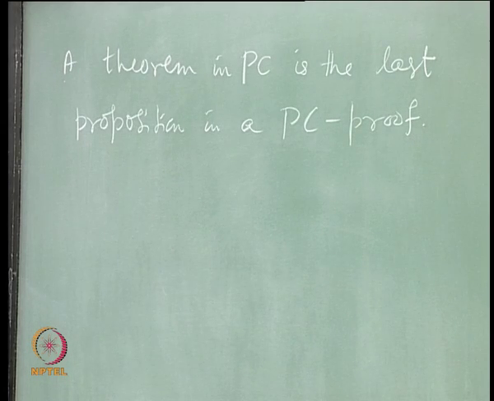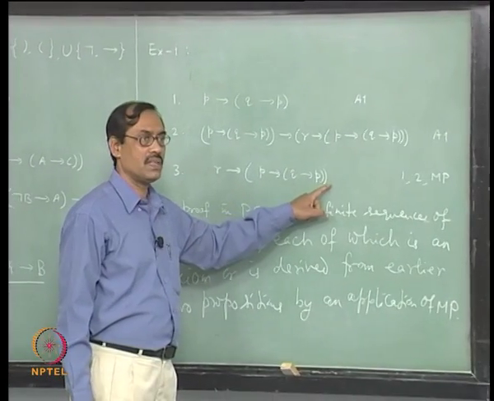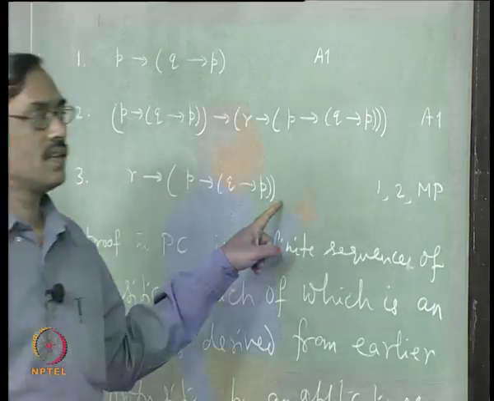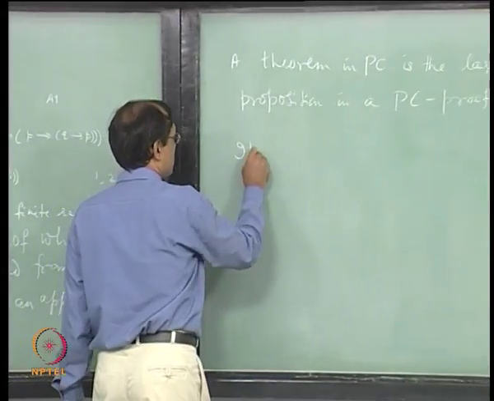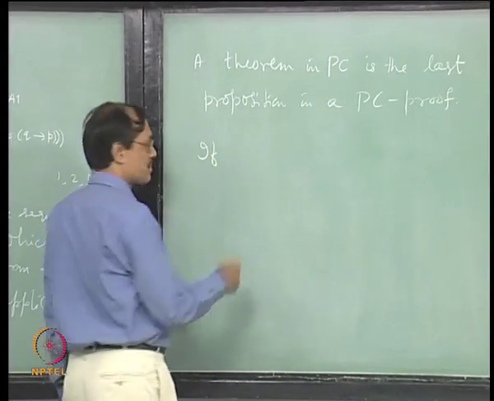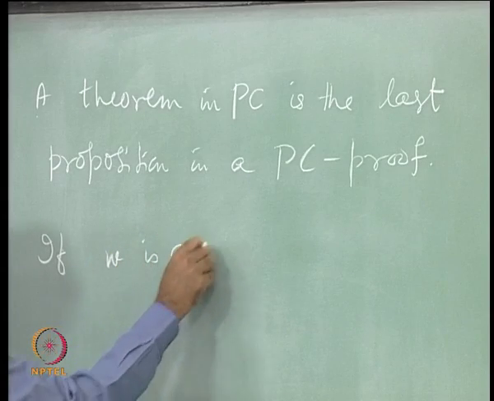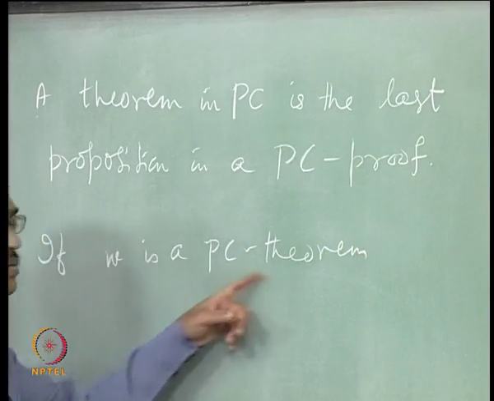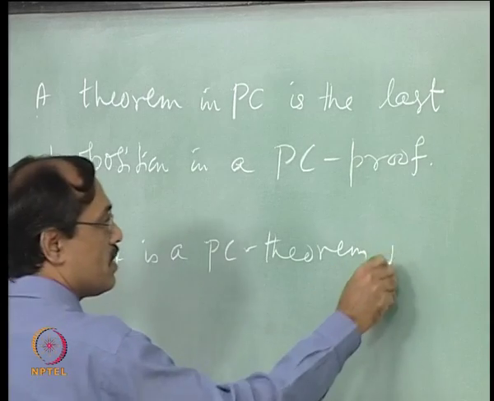Fine. So now we can say that R implies P implies Q implies P is a PC theorem. If W is a PC theorem, we have to develop some symbolism. A theorem in PC is also written as PC theorem.